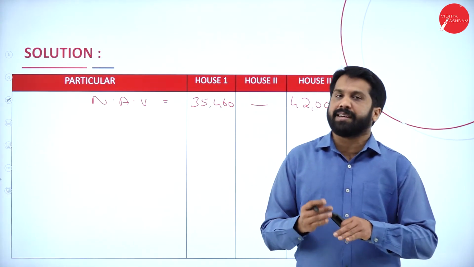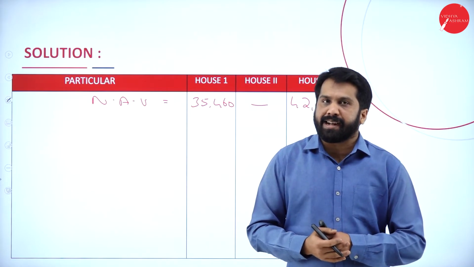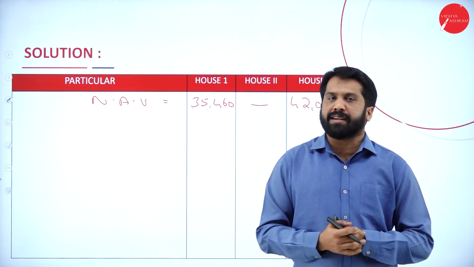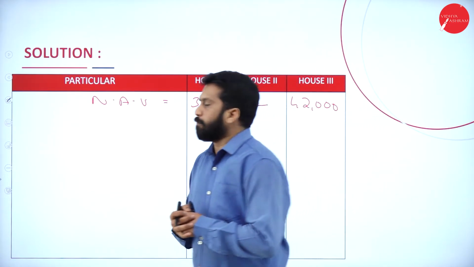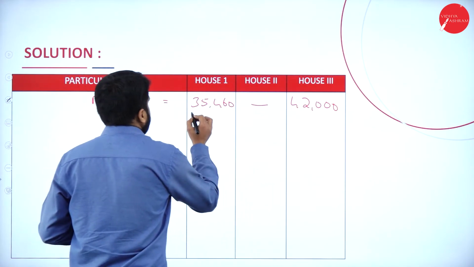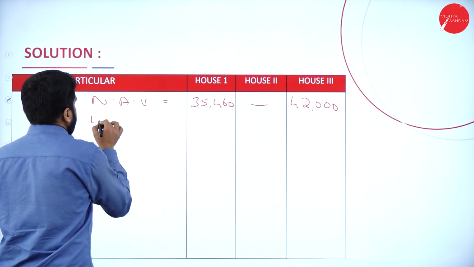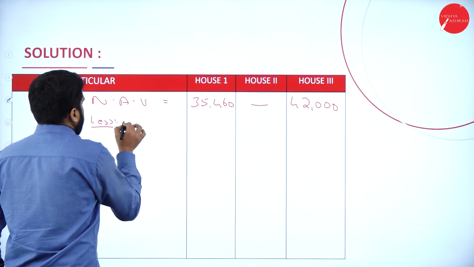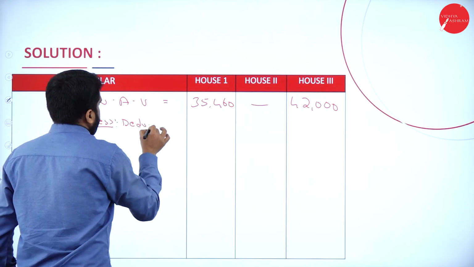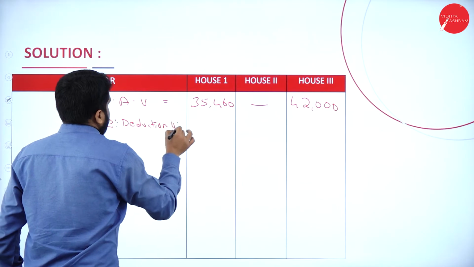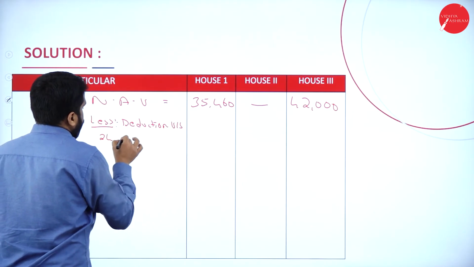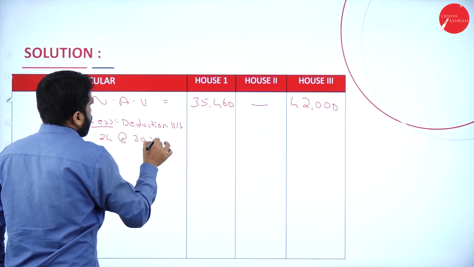Now, what are the rest? Now, is there any deduction? Yes, 30% there is a deduction under section 24. From this, less deduction under section 24 at 30%.